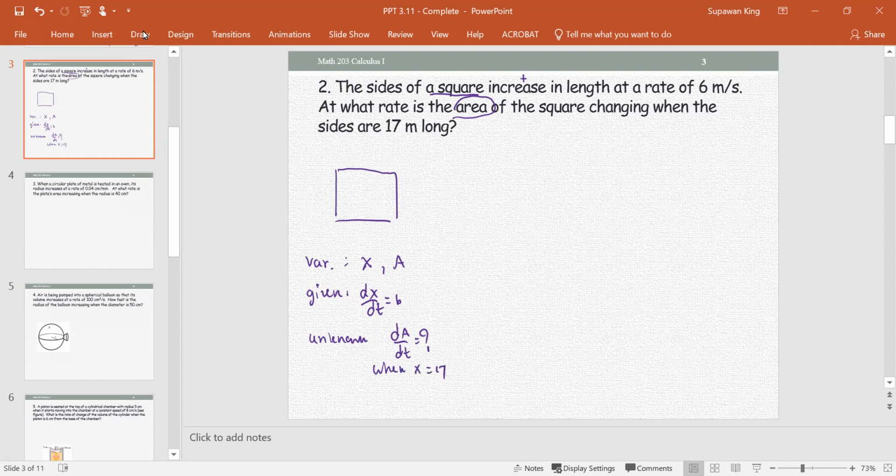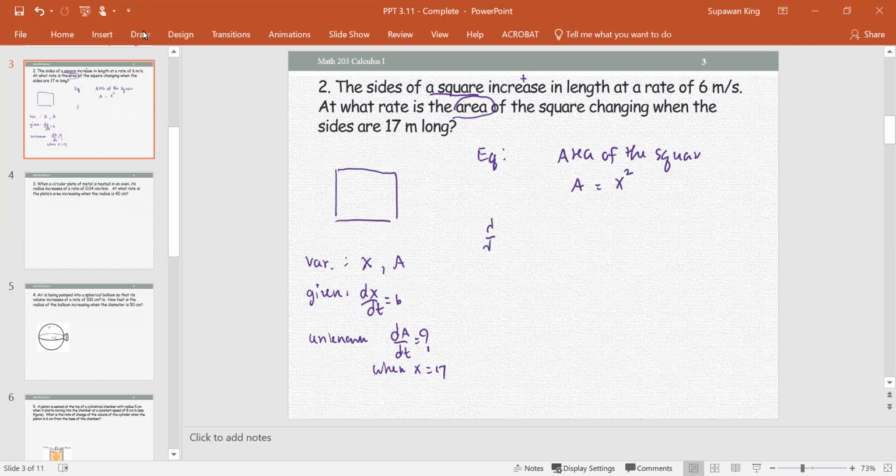From the list, we set up the equation that shows the relationship of both variables x and A. The area of the square, A, equals x squared.